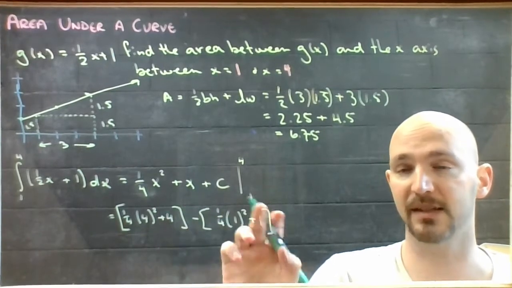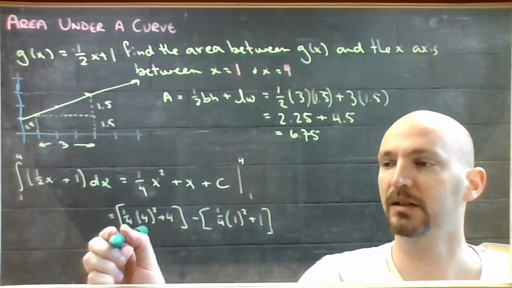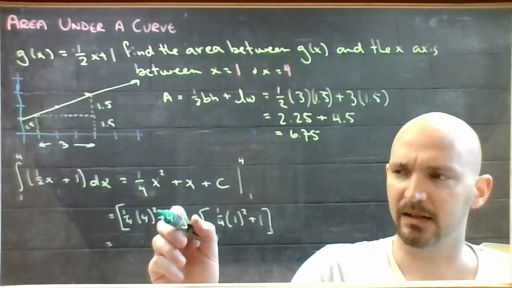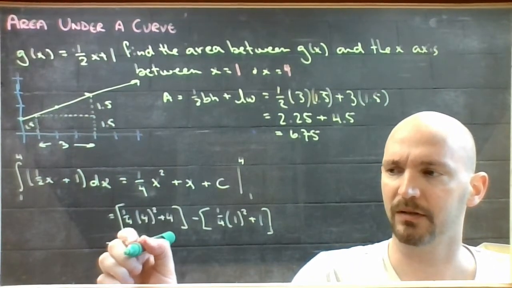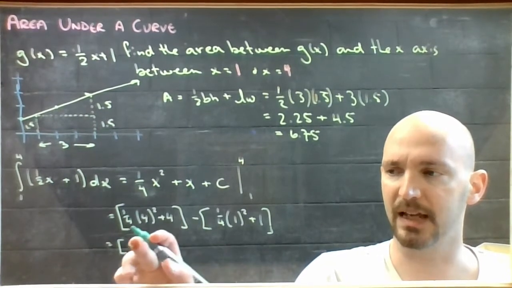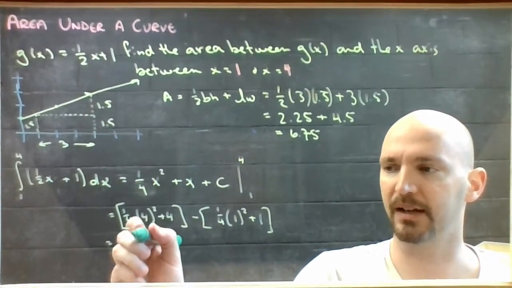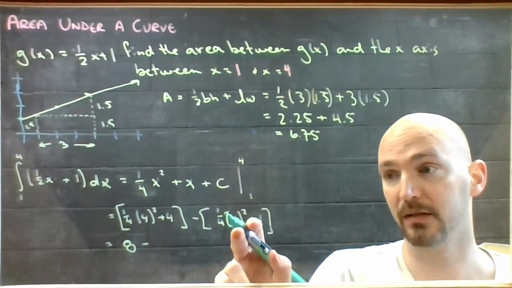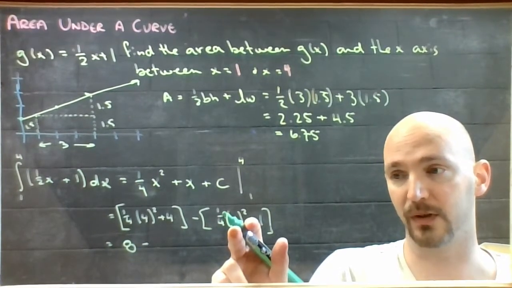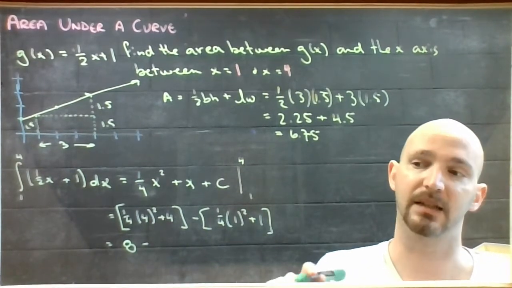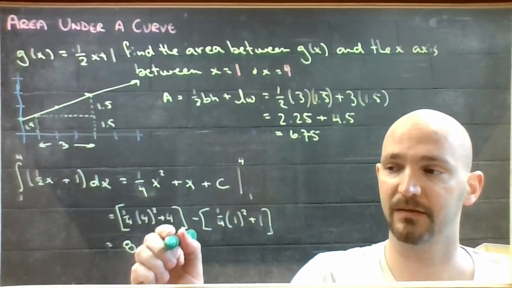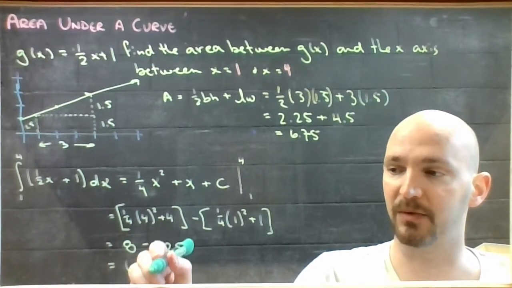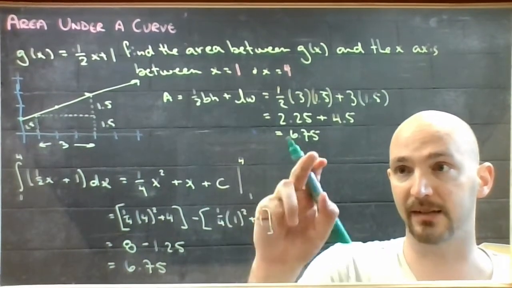Plus c minus c, whatever, it's gone anyway. 4 squared is 16. 1/4 of that would be 4. 4 plus 4 is 8. Don't even need that bracket anymore. 1 squared is 1. 1/4 times 1 is 1/4. 1/4 plus 1 is 1.25. And 8 subtract 1.25 is 6.75. Like, holy cats, that actually worked out.